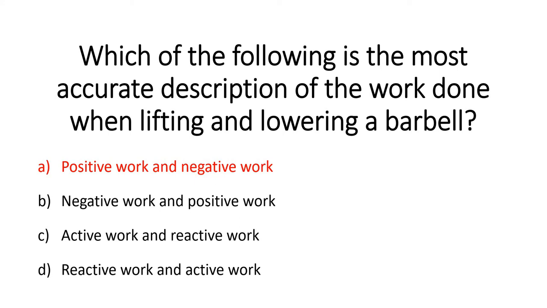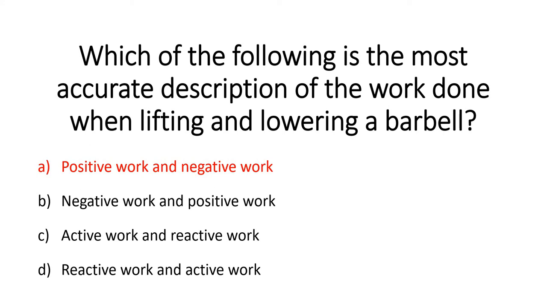However, when we lower the barbell back down again, it's not us physically lowering it, it's gravity pulling it down, and we are simply controlling the rate of descent, the velocity at which the barbell is being lowered. So positive work is where we do work on the barbell, negative work is where the barbell does work on us. So that would be the concentric and eccentric phase respectively.